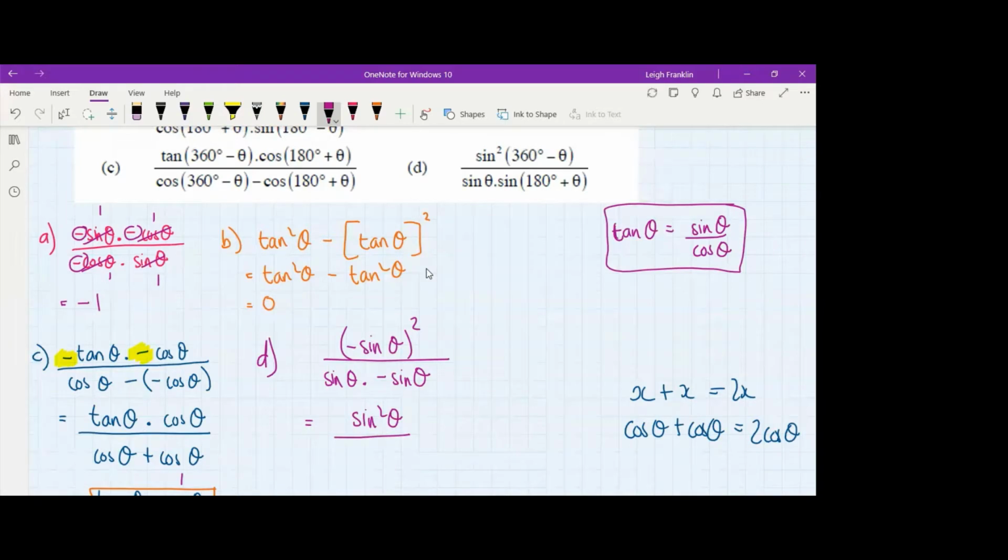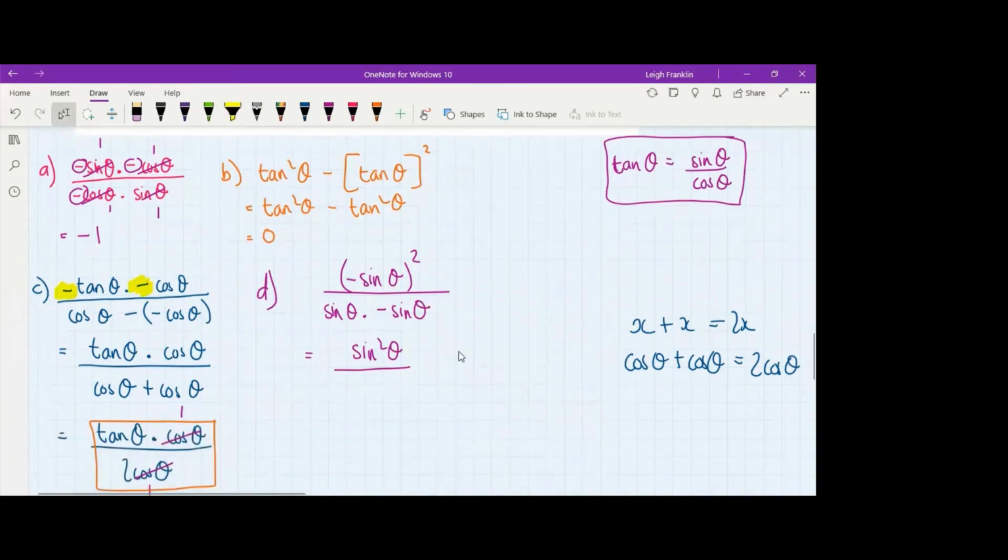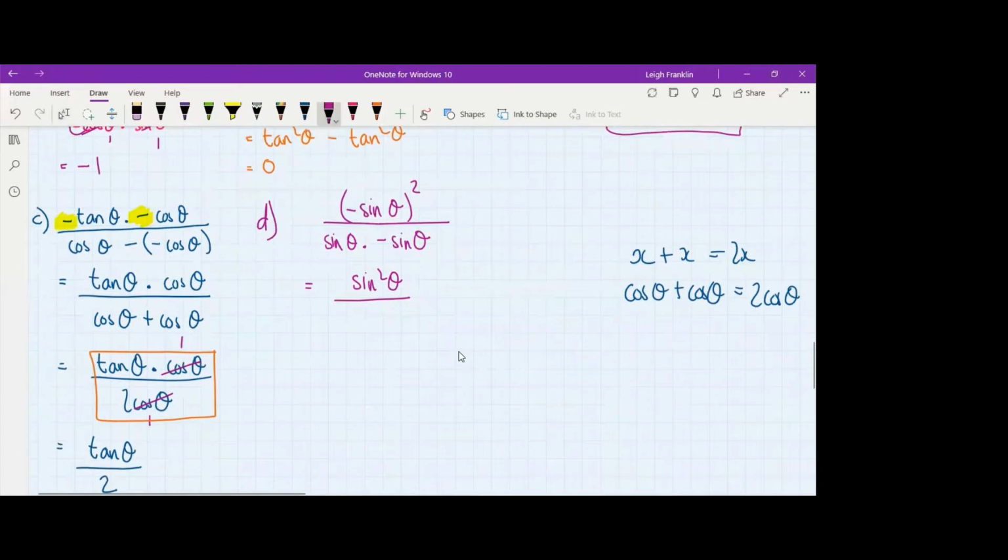And at the bottom, we've got positive sine theta times negative sine theta. So that gives us negative sine squared theta. And again, grade 11s and maths, anything divided by itself is 1. And 1 divided by negative 1 means our answer would be negative 1 as well.